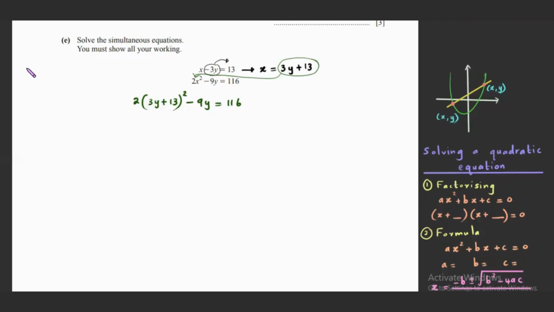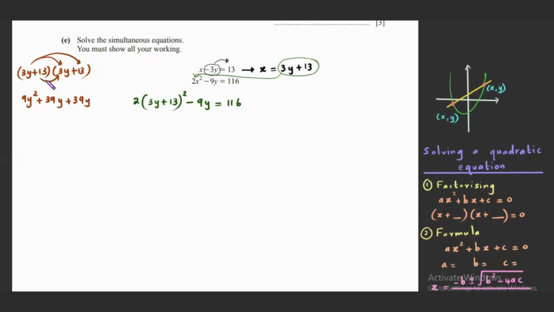So let me write it here. 3y plus 13 with a square means 3y plus 13 is multiplied with 3y plus 13. So 3y times 3y is 9y squared. 3y times 13: when I multiply 3 and 13 together, we end up getting 39, so I can write it as 39y. 13 times 3 is the same 39y again.